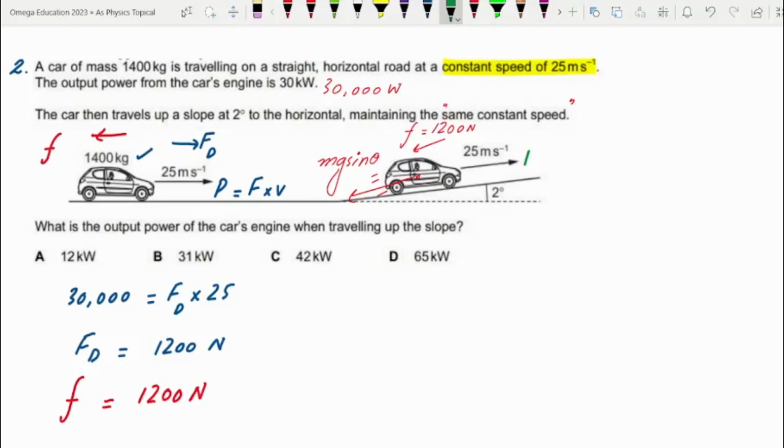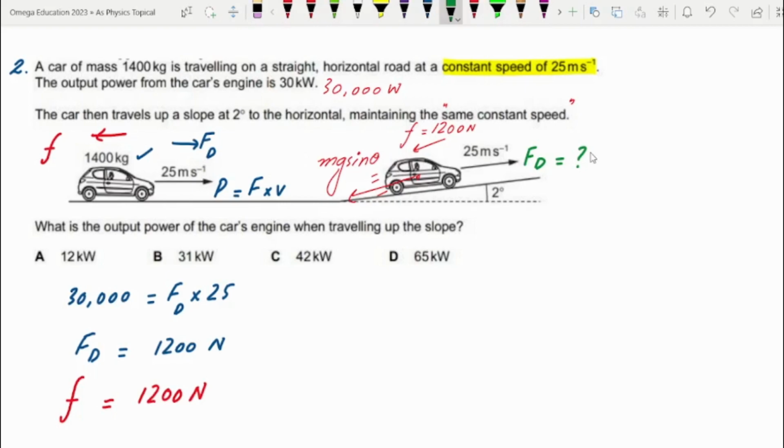All right, so the forward force in this case, the driving force, needs to be calculated, and once we have the value of the driving force, we can multiply by the speed and get the power. Now you can think about this question in different ways. One way is just to take a look at the direction of the force vectors.